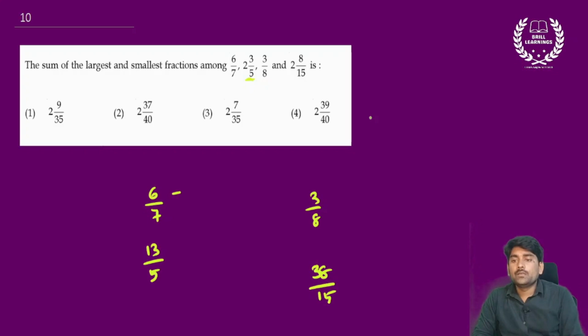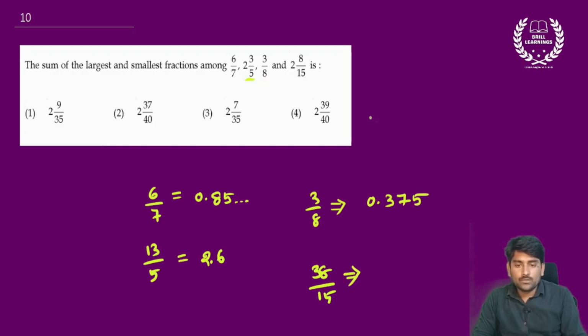First find the values. 6 by 7: 7 eights are 56, 4 left, that is around 0.85. 13 by 5: 5 twos are 10, 2.6. Now the value of 3 by 8: 8 into 0.3 is 24, 6 left, 8 sevens are 56, 4 left, 0.375.